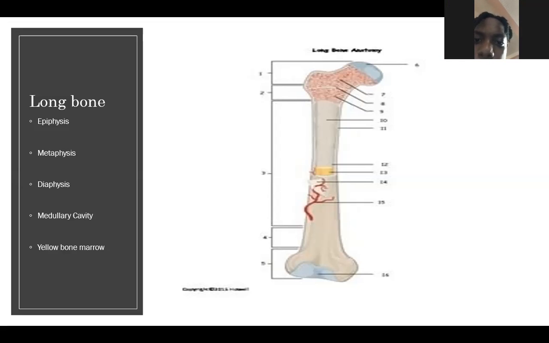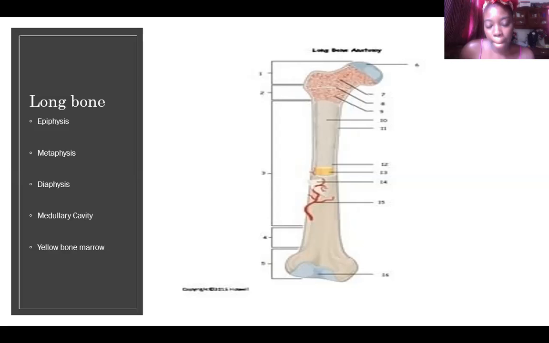Epiphysis. I think that is 5 at the bottom there. Right, 5 and 1, in that area.